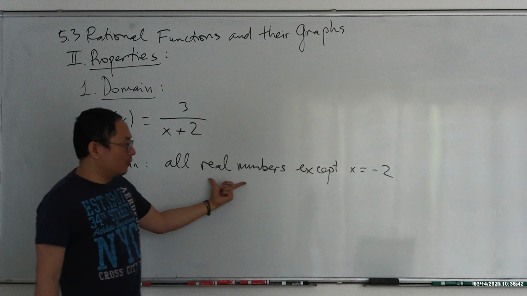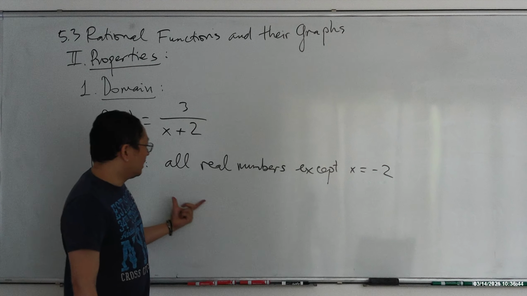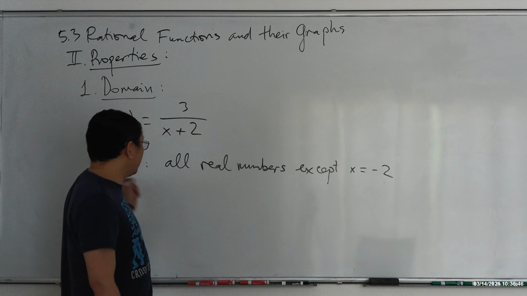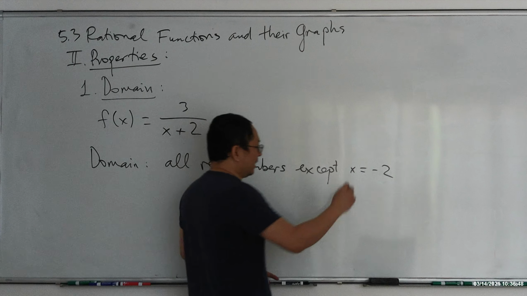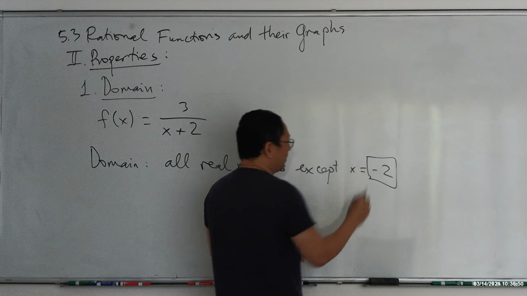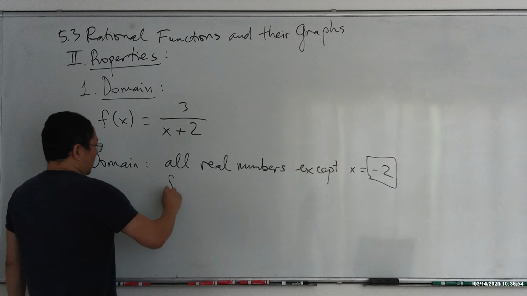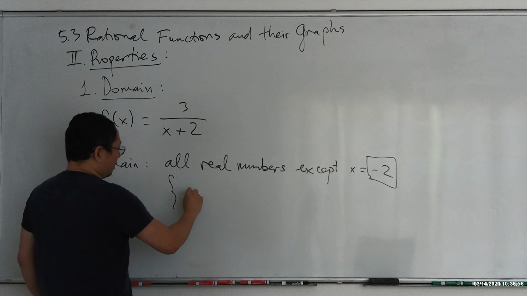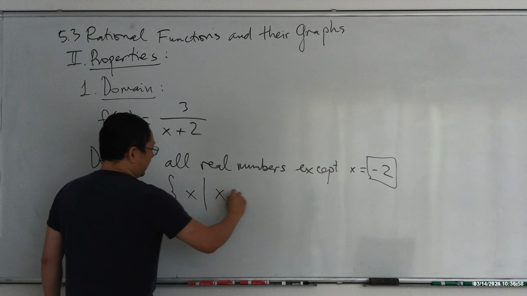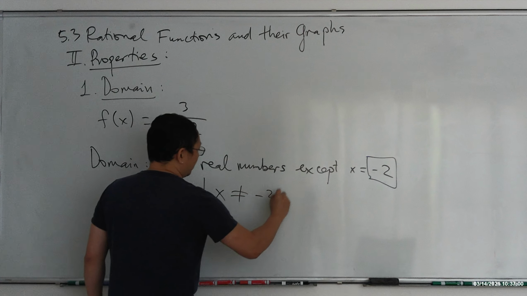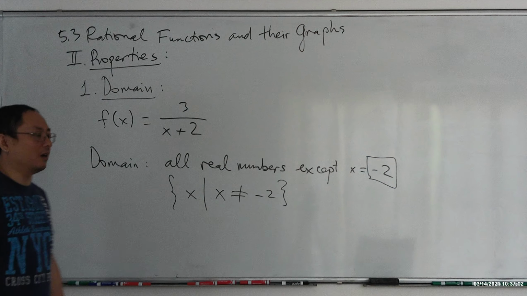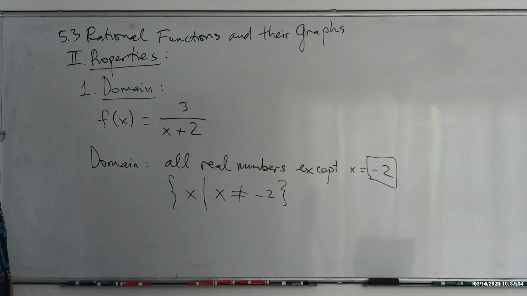When you do the homework, this is one way that you write your answer. It asks for the domain, all real numbers except, and then they give you a box, x equal to, and you have to find it. Or you may see this in set notation: all real numbers x, and x cannot be equal to -2. This is another way of writing the domain of the rational function.